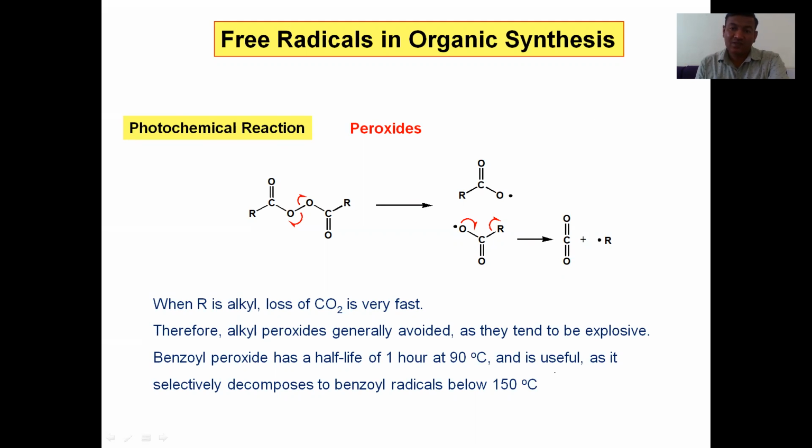If we have a peroxide, what will happen? In photochemical reactions, there are some reactions that happen in presence of peroxide, rather than benzophenone now. So see, this is the well-known peroxide. This is the linkage of peroxide, C-O-O. You can see there is a homolytic fission, and there will be formation of RCOO radical.